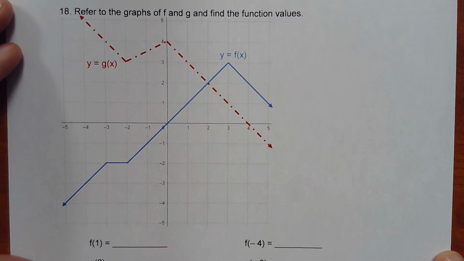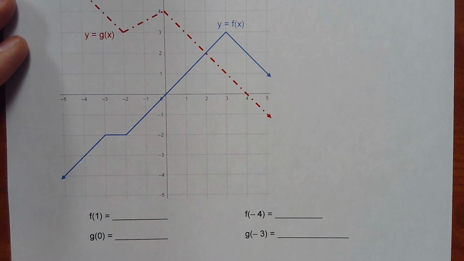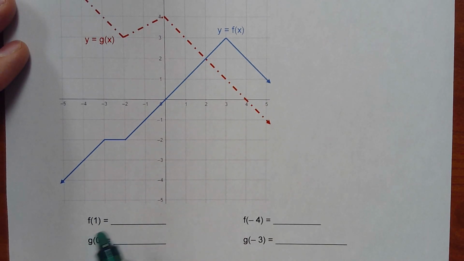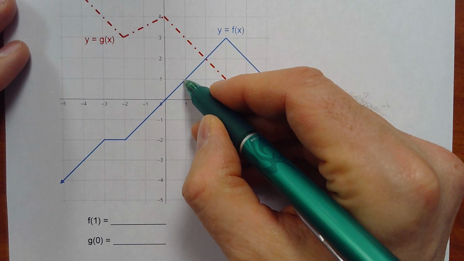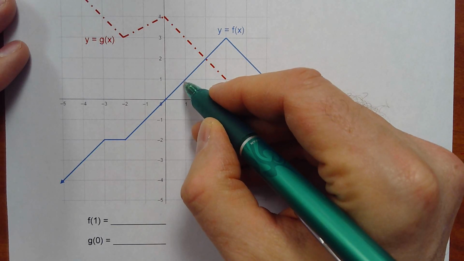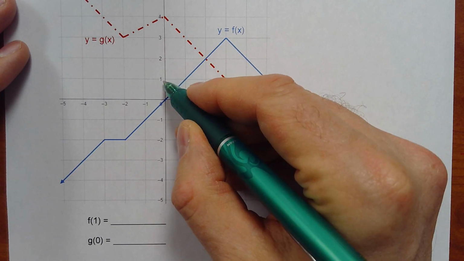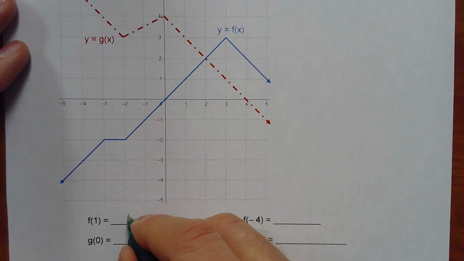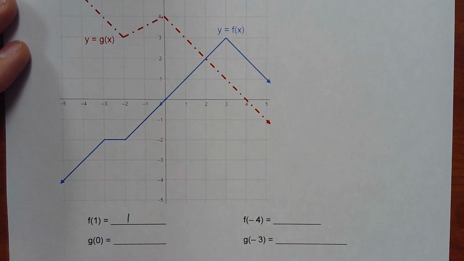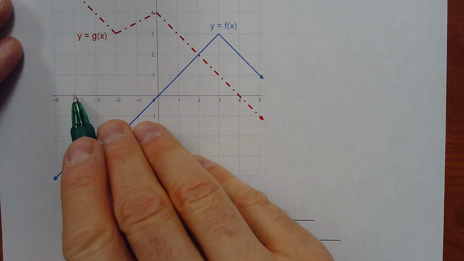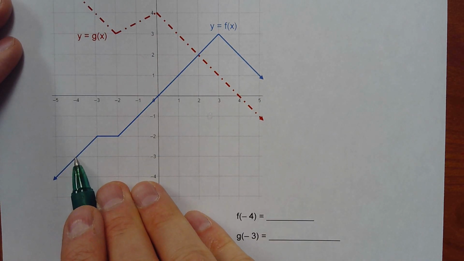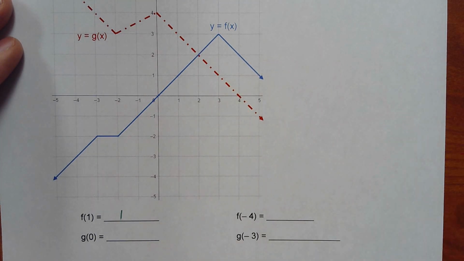And so for problem 1, down here, f of 1: when x equals 1, I'm looking at the point on the blue graph, or the solid line, and my y value is 1. This is my x value, and I'm just reading off the y value. So looking at f of negative 4, it goes down to this point here. I'm reading off the y value, that's negative 3.